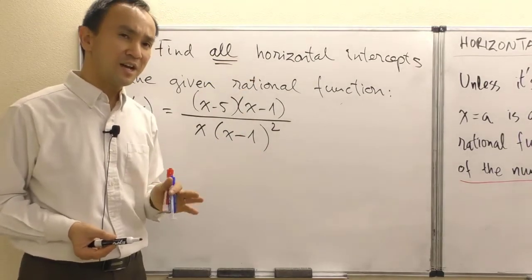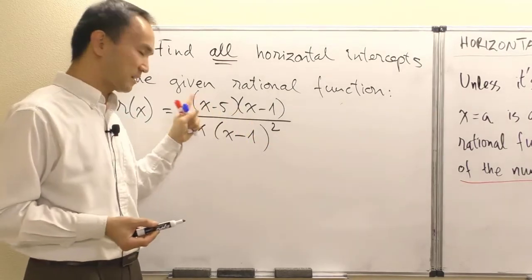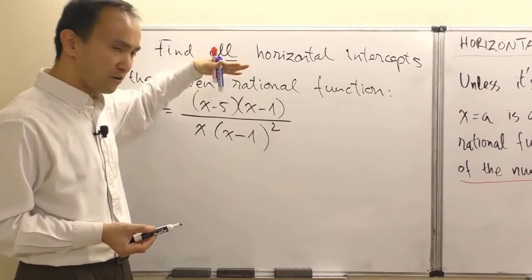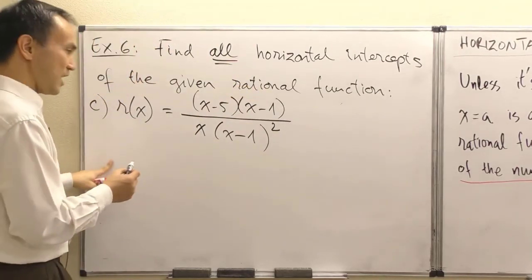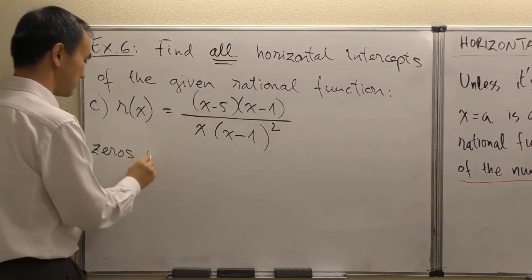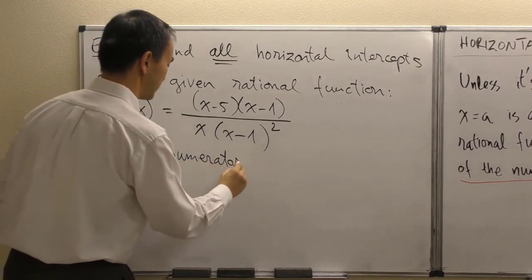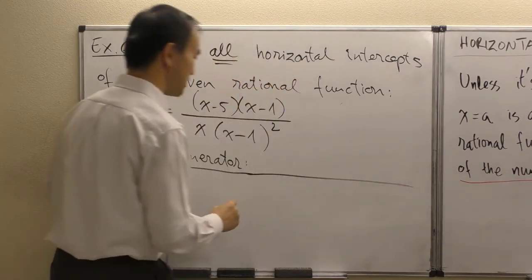All right, so now let's search for the horizontal intercepts by first finding all zeros in our numerator and also the denominator. Okay, so now in that way, here's how I'm seeing it. Zeros in numerator. That will give me the following.